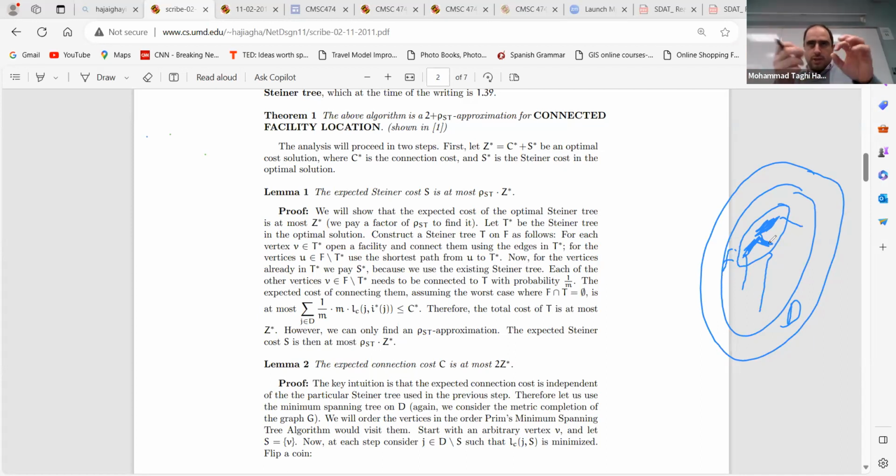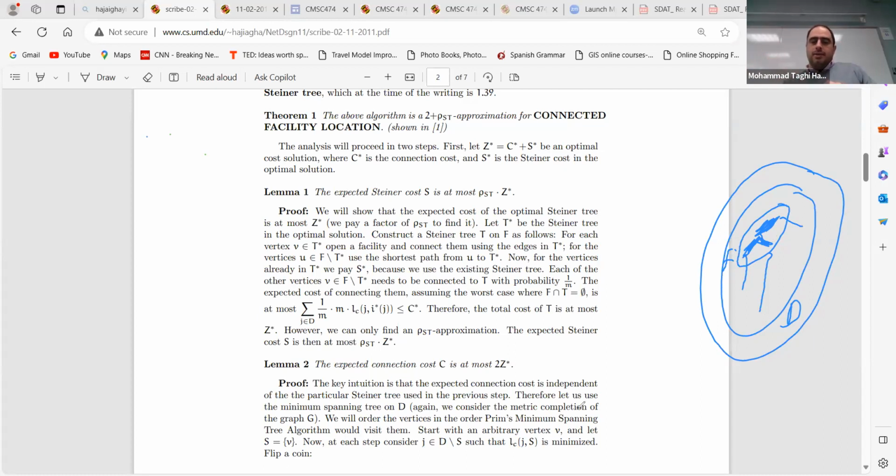But note what we do: I have some order, and this can be an order that I define, but that does not change anything. You can show that any order does not change anything. But I consider a particular order in which I will open these facilities. And again, you can say it is equivalent to that one, but it is even fine to consider this particular order if you change the algorithm.